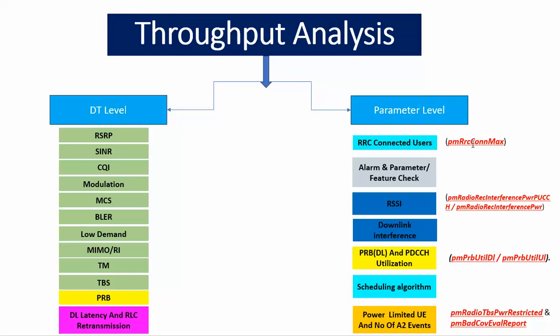These are the counters to check. If you have checked all these things and cannot get a solution, then you should check the physical layer. If in the physical layer the problem is that the eNode B assigns more resources but the UE can't use all of them, some resources go blank and the UE doesn't send our data in those resources, you need to check that type of issue on the physical layer also.